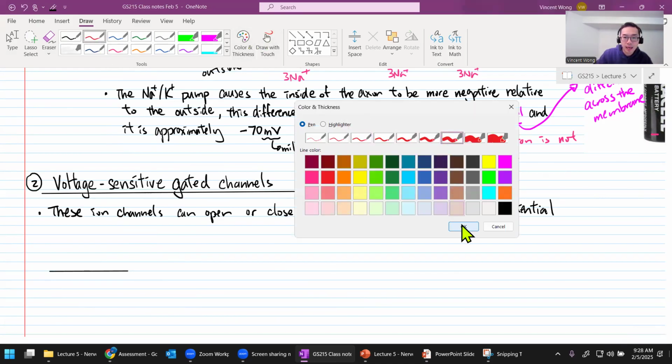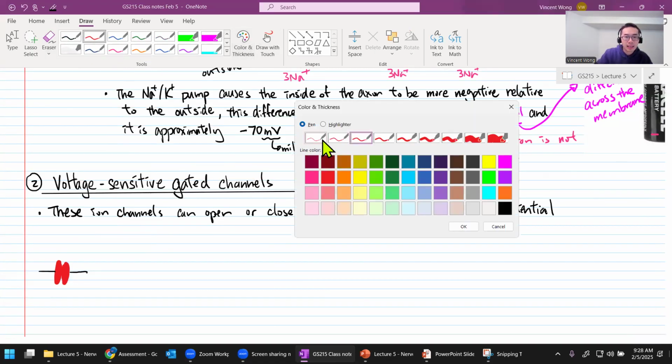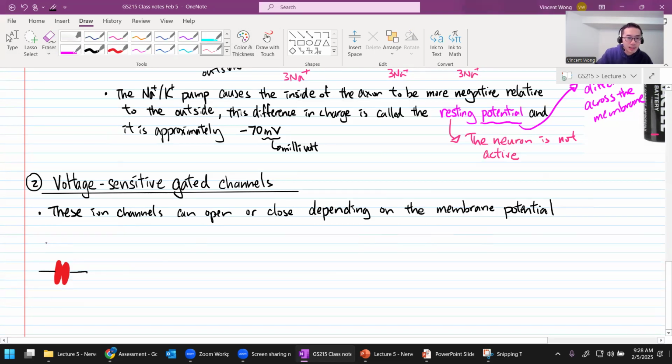This is going to be our sodium channel, and I'm going to draw it with two ovals like a door. Sorry, I haven't done this for quite some time, so it's a little bit unorganized. So there we go. That's the membrane and that's the door. And right now this is the closed sodium channel.